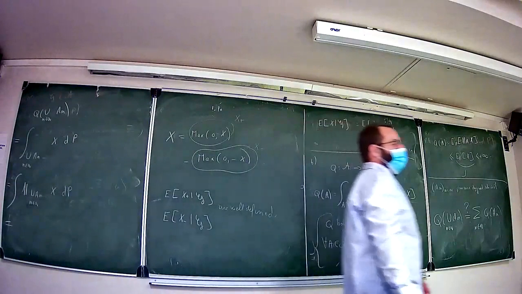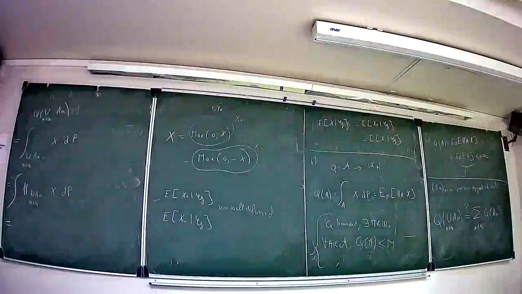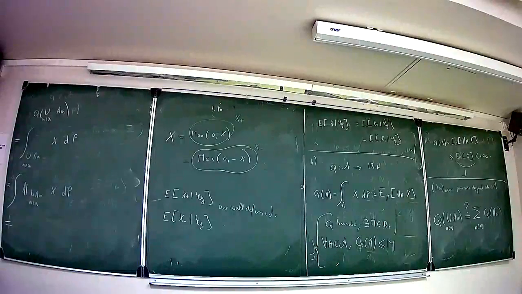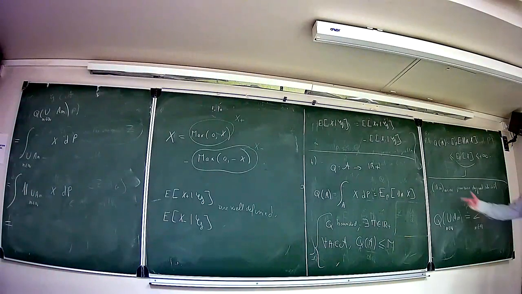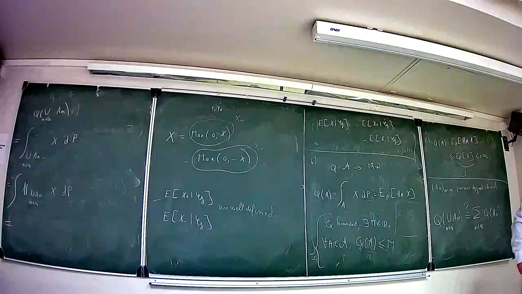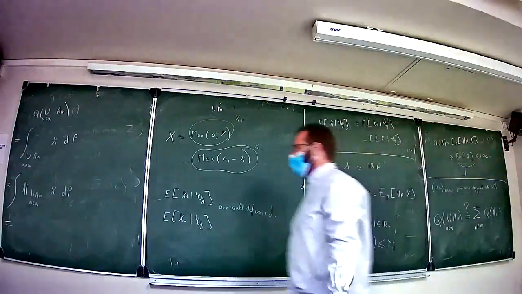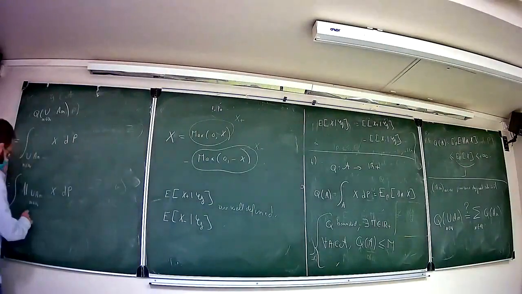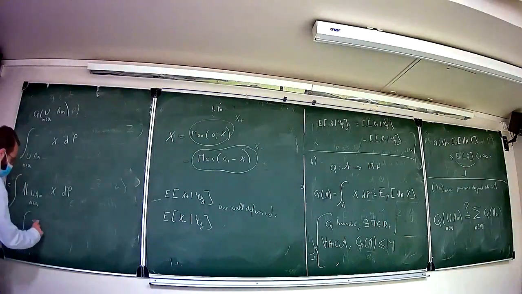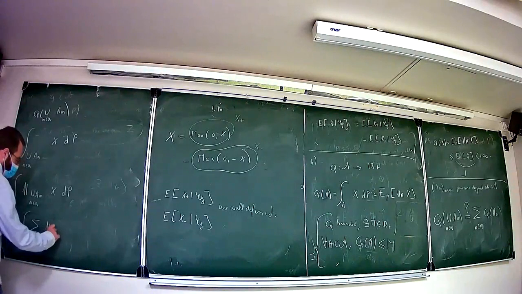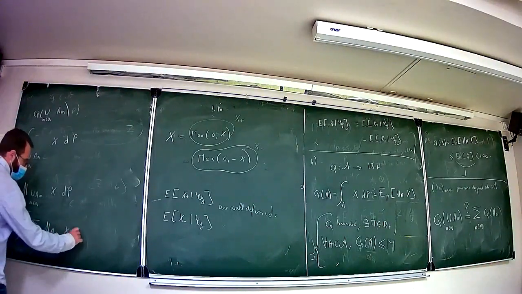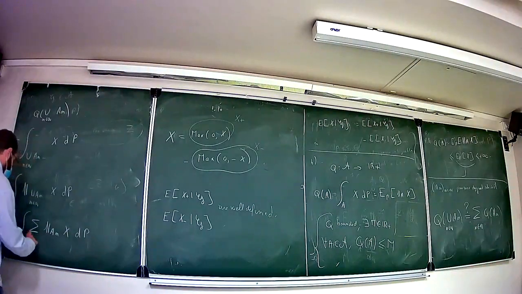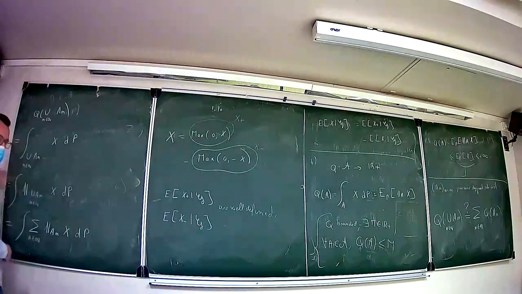What is the indicator function of the union if you have a sequence of pairwise disjoint sets? The indicator function of the union, in that case, is equal to the sum of the indicator functions, since they are pairwise disjoint.